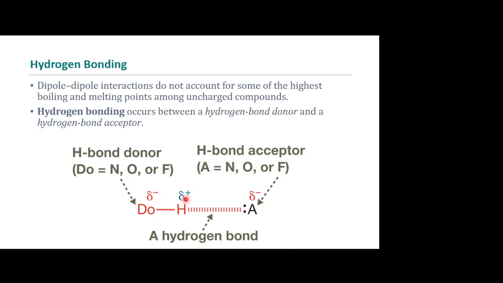Hydrogen is the only one that will do this because it has to be small enough, with a small enough bond, that it can reach in and overlap very strongly. It's very tiny because it doesn't have extra space in those orbitals. It's energy level 1. And so the hydrogen has to be off of nitrogen, oxygen, or fluorine.